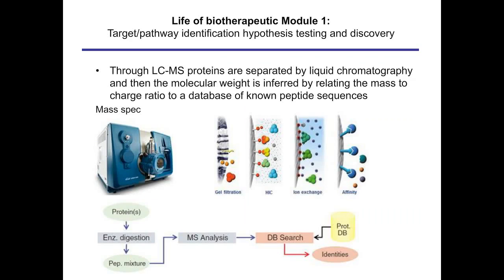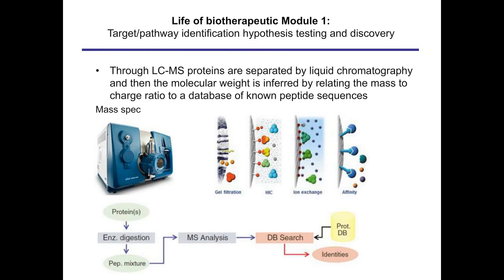When one wants to study proteins on much larger scales, in terms of thousands of proteins in modification states, mass spectrometry is often used, and this is used in the context of more proteomic studies. Through LCMS, liquid chromatography mass spectrometry, proteins are typically separated based on hydrophobic interactions, such as with a C18 resin.